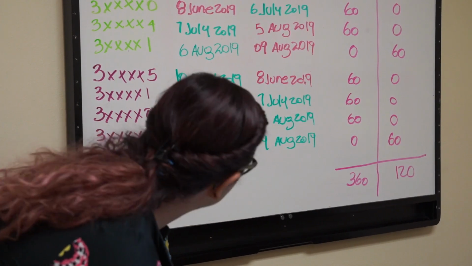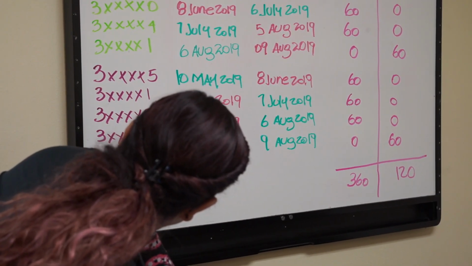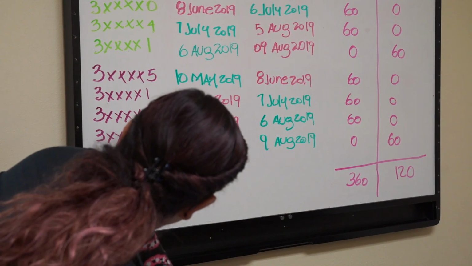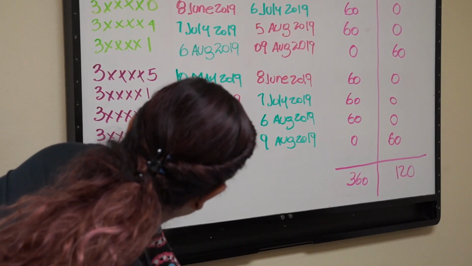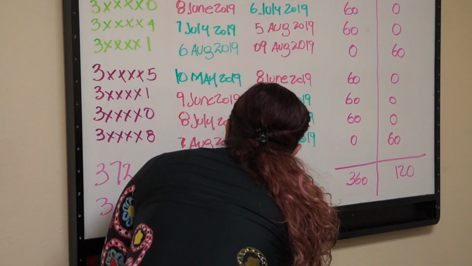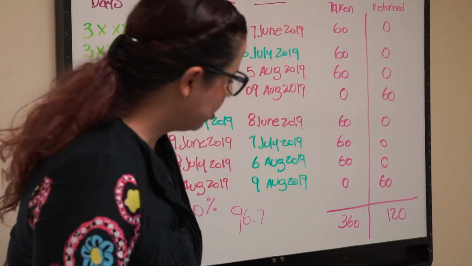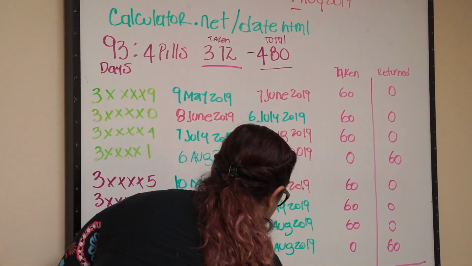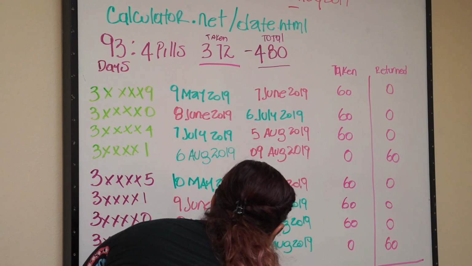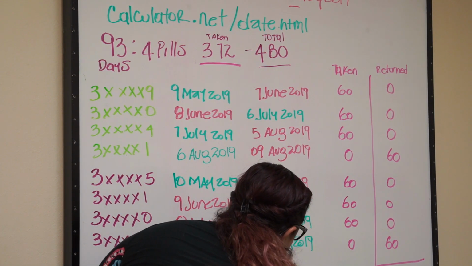I don't have a calculator here, but it's around 80 or 90 something percent. 96.7, so it means like 97%. So this patient is 97% compliant.